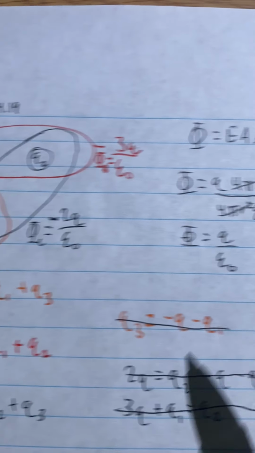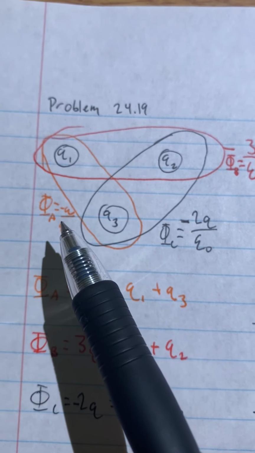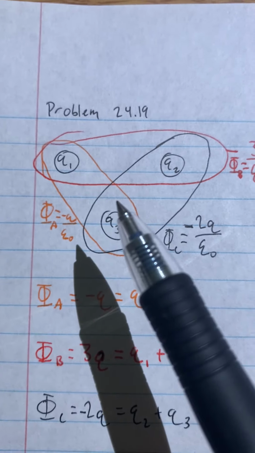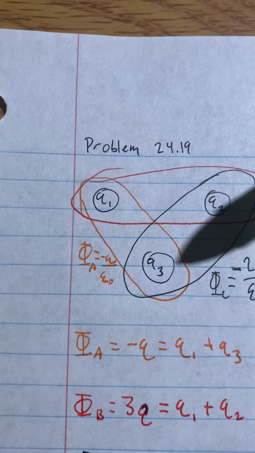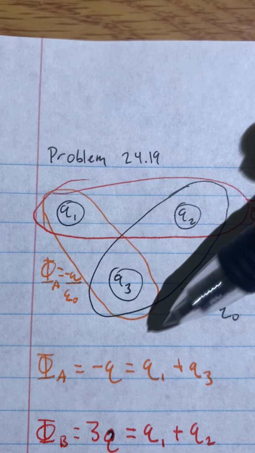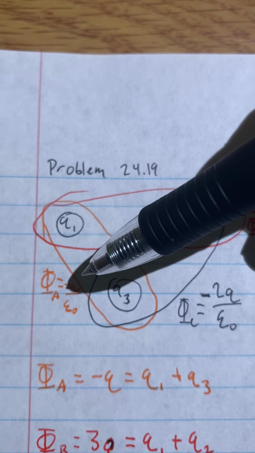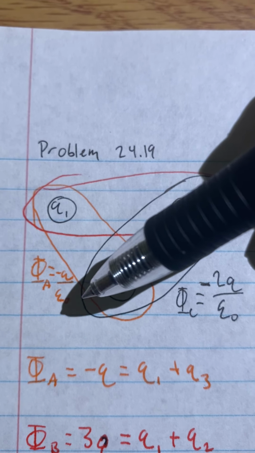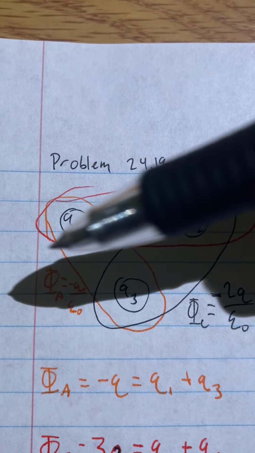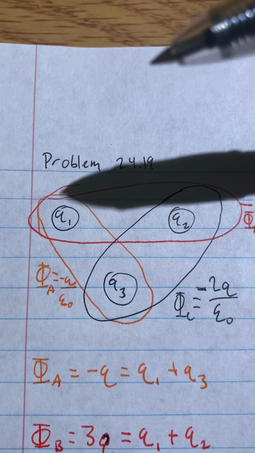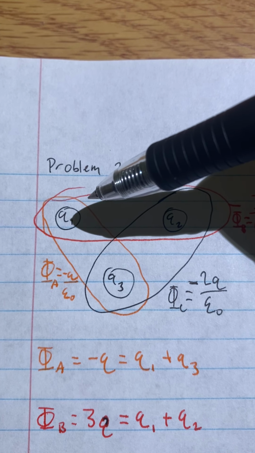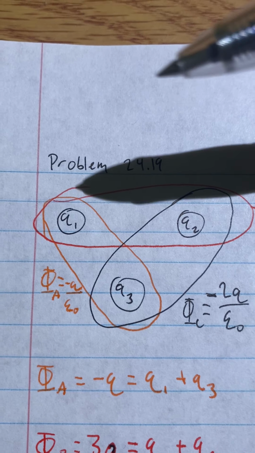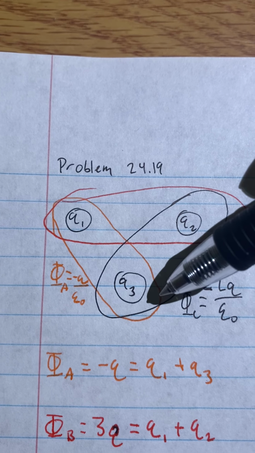Since we're also given the flux going through each surface, we can determine how much of that is from each point. For surface A, which is the orange one, the amount of flux is negative q over epsilon naught, and that total flux is equal to the electric field vectors and the area vectors multiplied from q1 and q3.